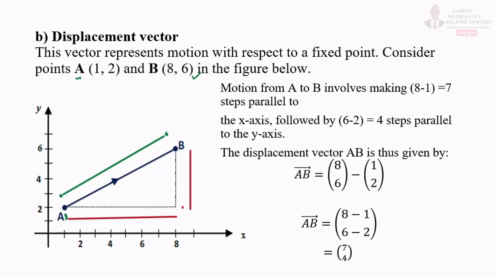As we simplify, since we are subtracting, the x entries are subtracted and the y entries are subtracted separately. At the end, we have the column vector (7, 4), which denotes the displacement vector of a point moving from A to B.